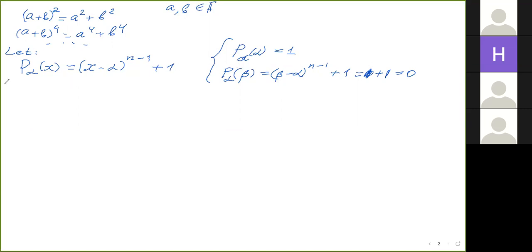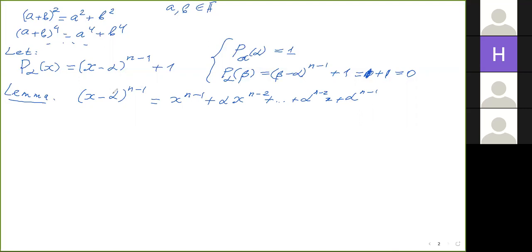Now we claim that this formula may be rewritten in the following way: x minus alpha to the n minus 1 is actually x to the n minus 1, plus alpha x to the n minus 2, and so on, plus alpha to the n minus 2 x, plus alpha to the n minus 1.